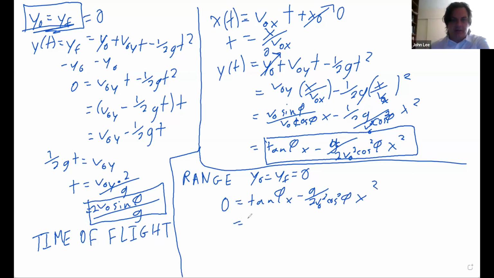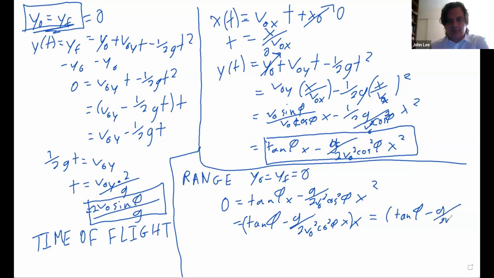We factor out the x, so 0 equals tangent phi minus g over 2 v naught squared cosine squared phi times x, times x.